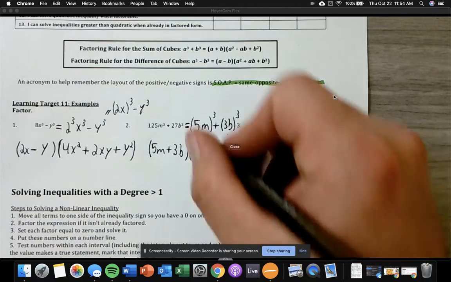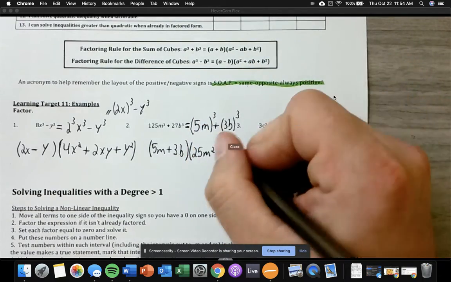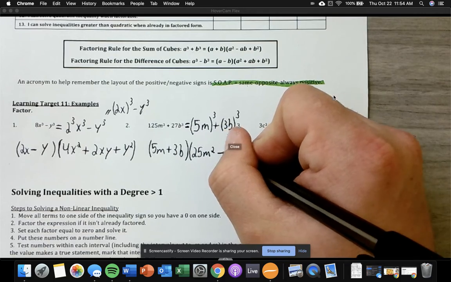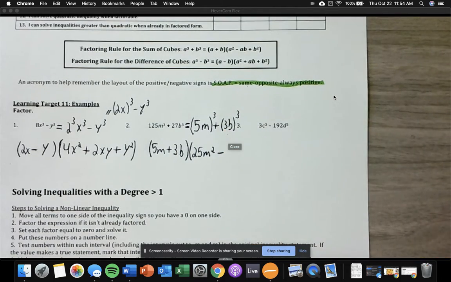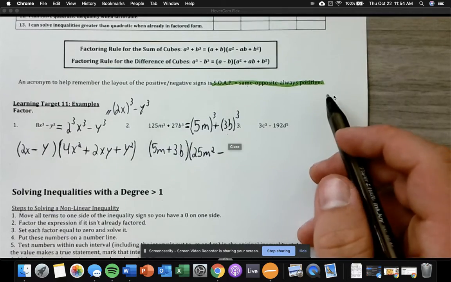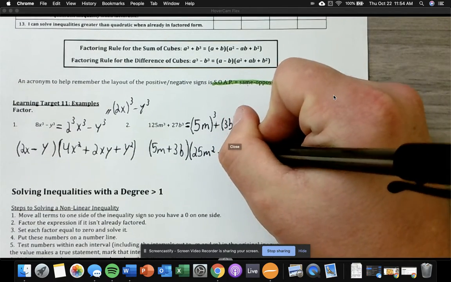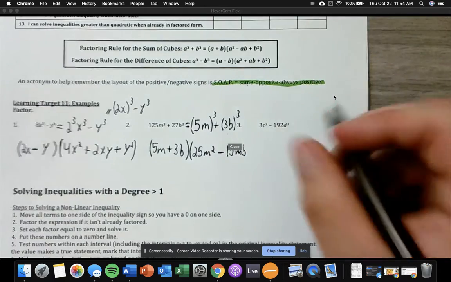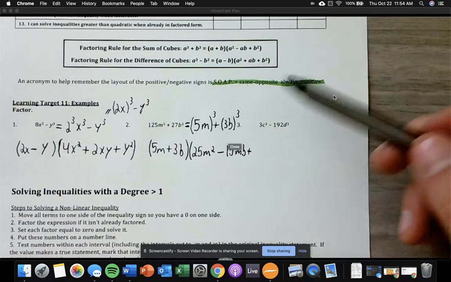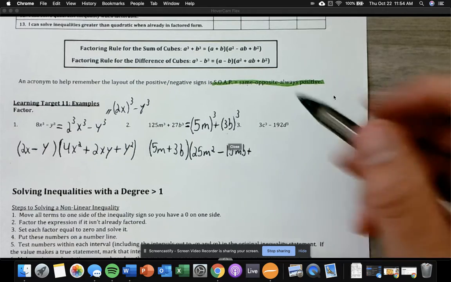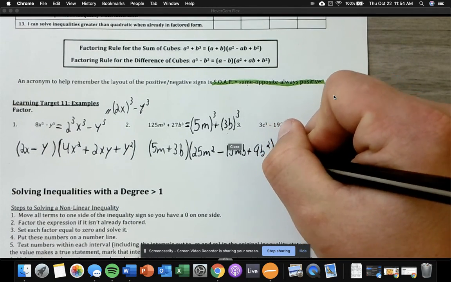We have a squared, so 25m squared. Opposite, so this time it's minus a times b, just 5m times 3b, so we have 15mb. And the last one is always positive, and it's going to be b squared, so we have this 3b squared, which ends up being 9b squared.